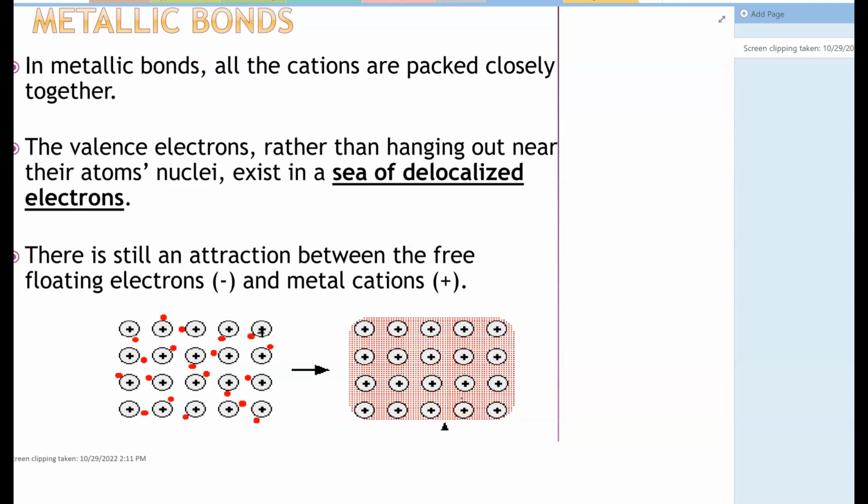By having that, all of the properties of metallic compounds exist because of the delocalized electrons. That includes metals being malleable, ductile, and conducting heat and electricity.